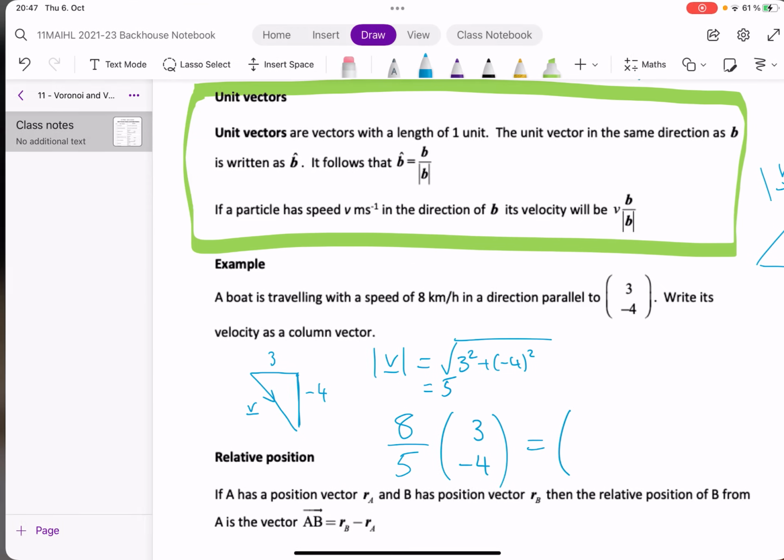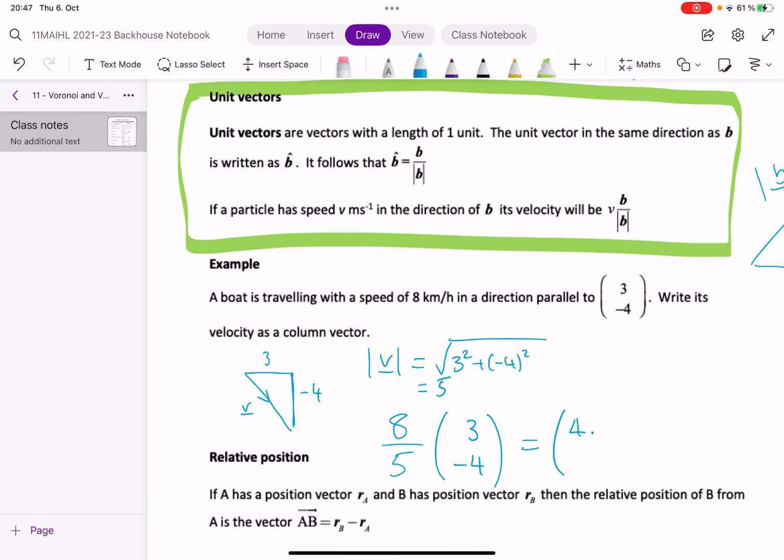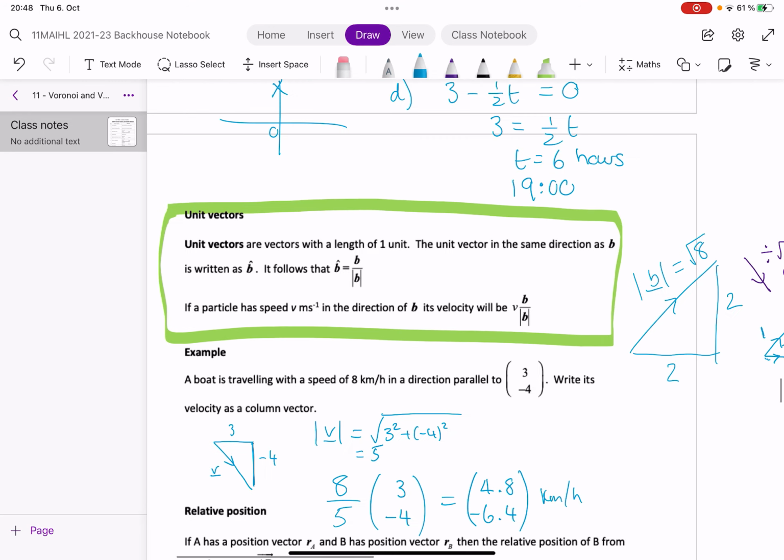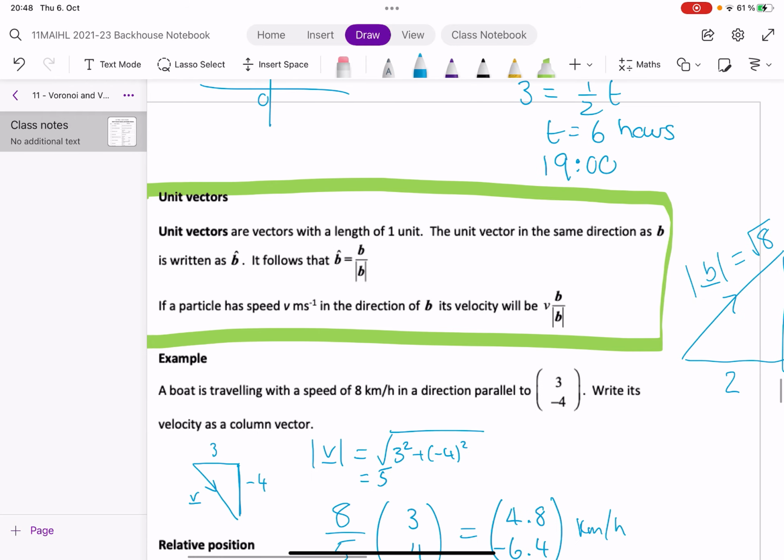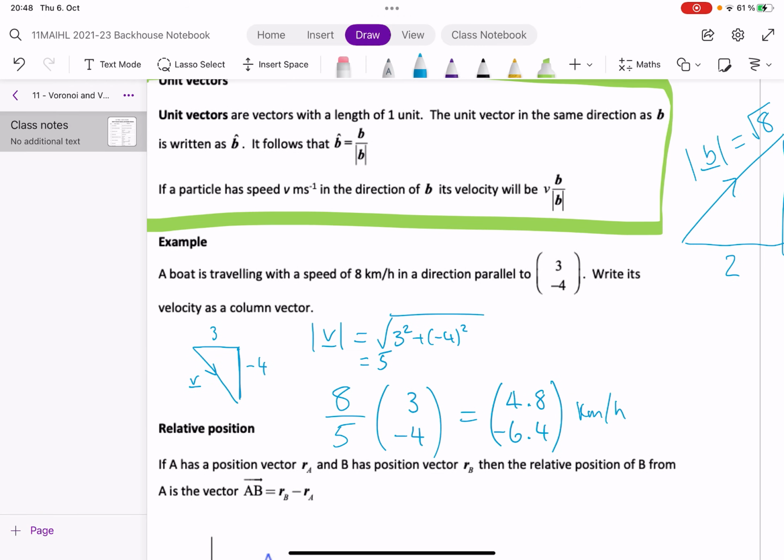So we're going to get 4.8 and -6.4, and that's in kilometers per hour. Okay, so it's taking this idea of a unit vector, but taking it one step further and actually using it to go to a unit vector and then to stretch it up so that it's the correct speed.